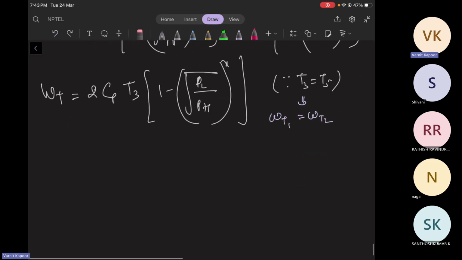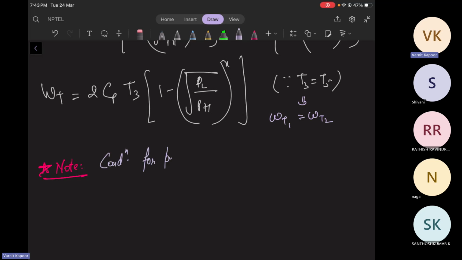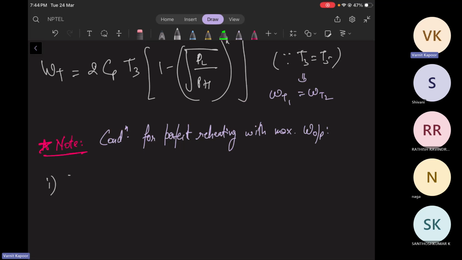So finally we come to the conclusion, note the condition for perfect reheating with maximum work output. What will be the conditions? First condition was that T3 should be equal to T5.